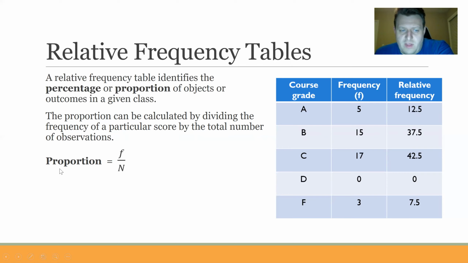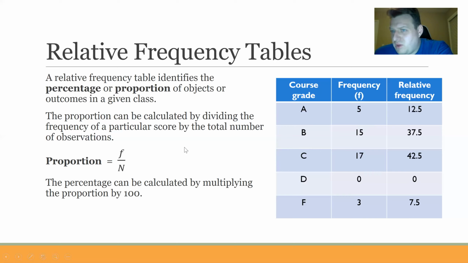So to calculate a proportion, we take the frequency and divide it by n. I believe we have 40 subjects in this theoretical class here. So to find the proportion, for A we take 5 divided by 40, and we get 0.125. That would be the proportion.